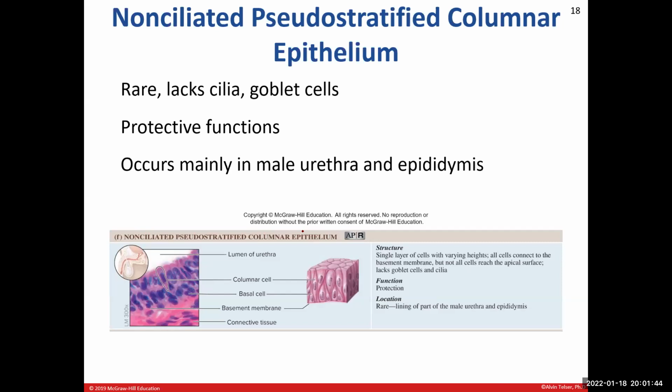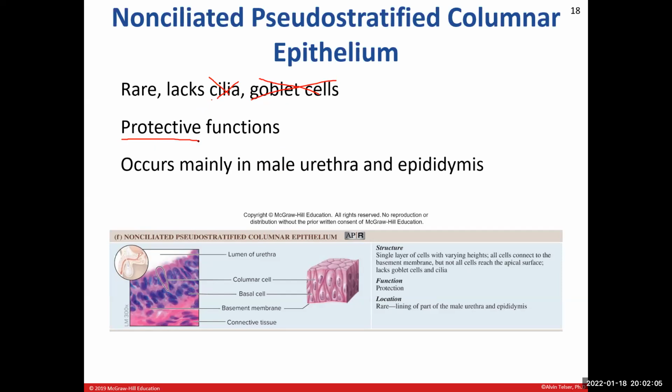Now, the non-ciliated pseudostratified columnar epithelium is a rare type of epithelium. It does not have cilia, and it does not have goblet cells. It's got nothing. It also has a protective function.